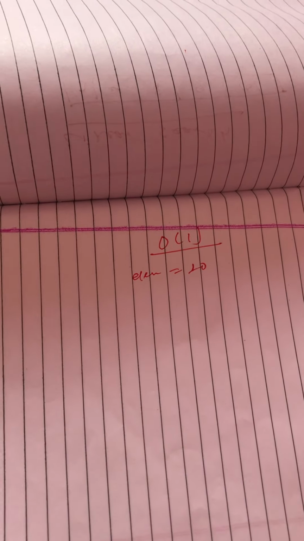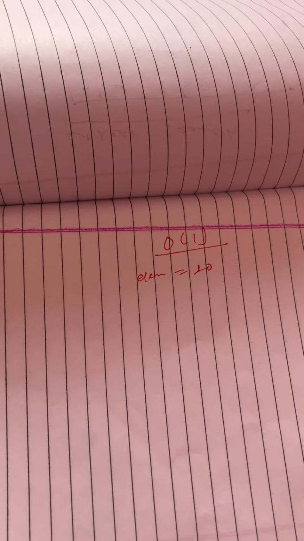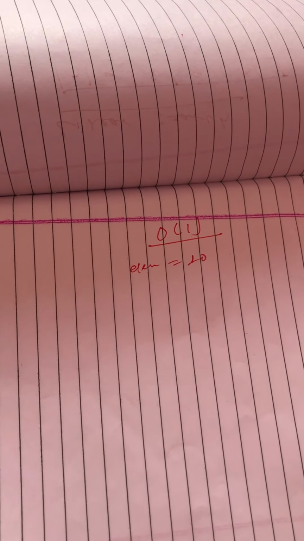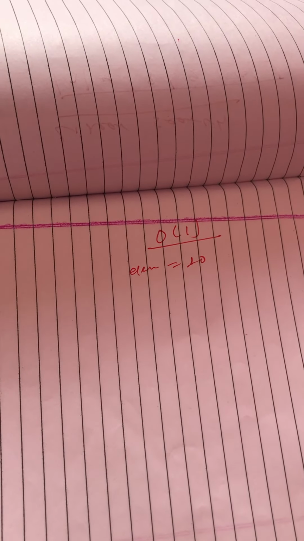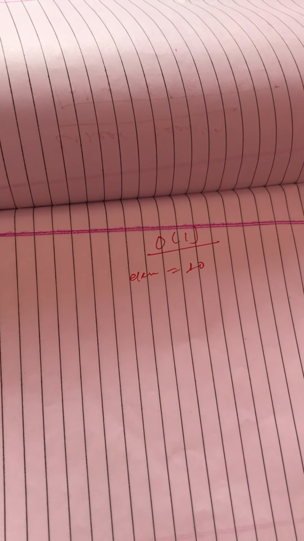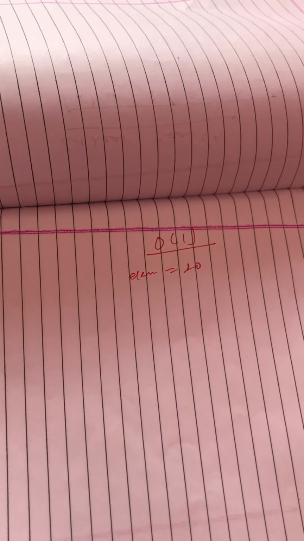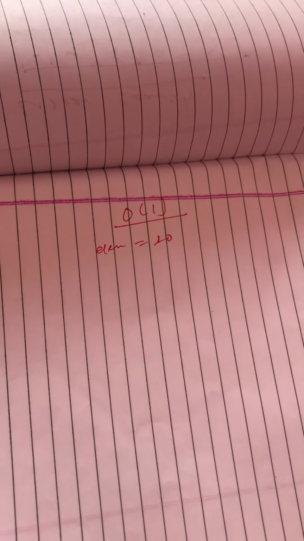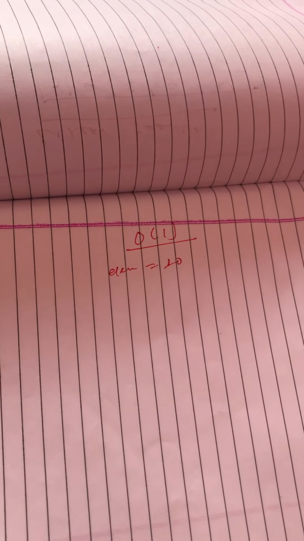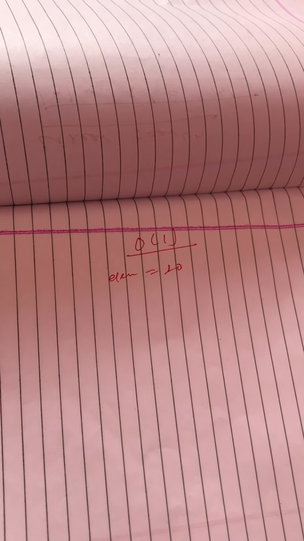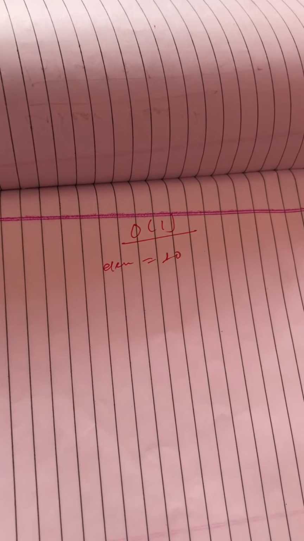So if we have to find element 10, we directly search index 10, and if the element we wanted to find is there, then the search is complete. If it is not there, then the element is not found. So this reduces the time complexity from O(log n) in binary search to O(1) by using the hashing technique.